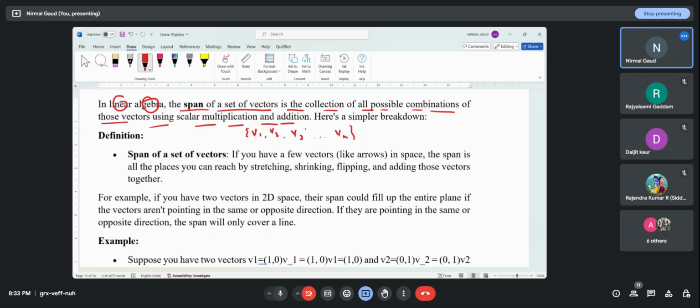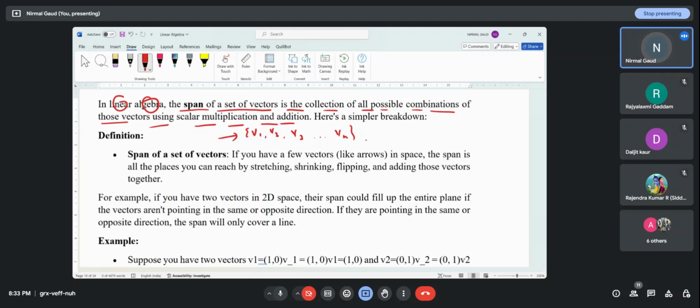Okay, so we are making a set of vectors, and these vectors are created by scalar multiplication and addition of the existing vectors only.